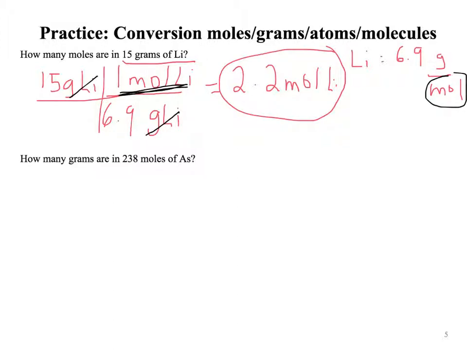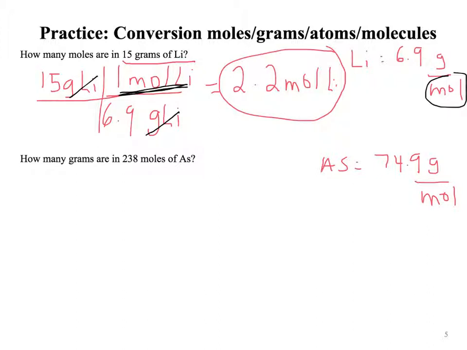Now, the second question is asking me, how many grams are in 238 moles of arsenic? So I need to first figure out the molar mass of arsenic. From the periodic table, I know arsenic is 74.9 grams per mole.